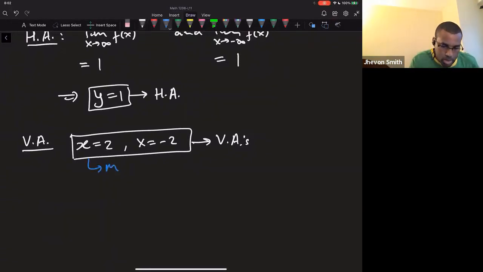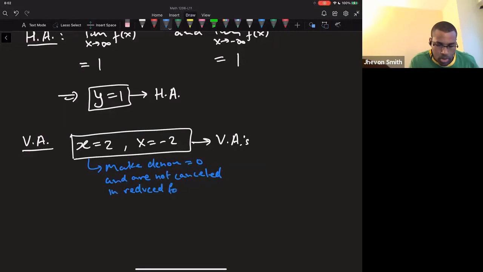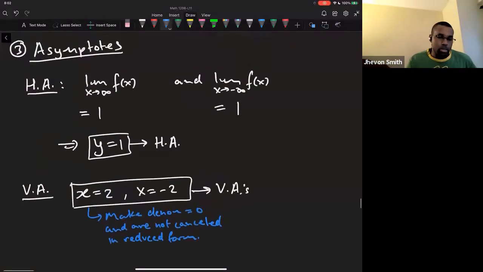These guys make the denominator 0 and are not canceled in reduced form. So that'll be your asymptotes.